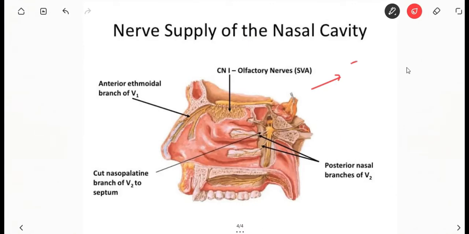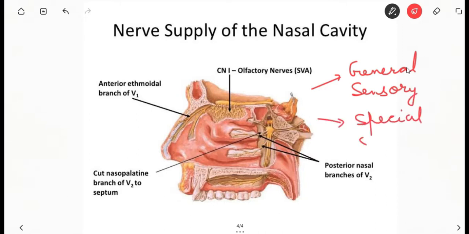So coming to the nerve supply of the nasal cavity, it can be either by general sensory or special sensory. The general sensory is by the trigeminal nerve, which is distributed to the whole of the septum.